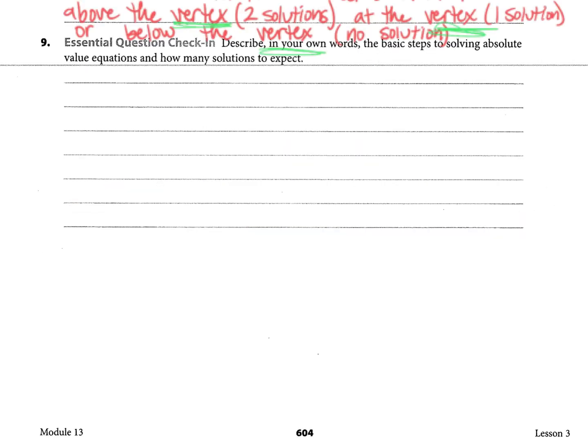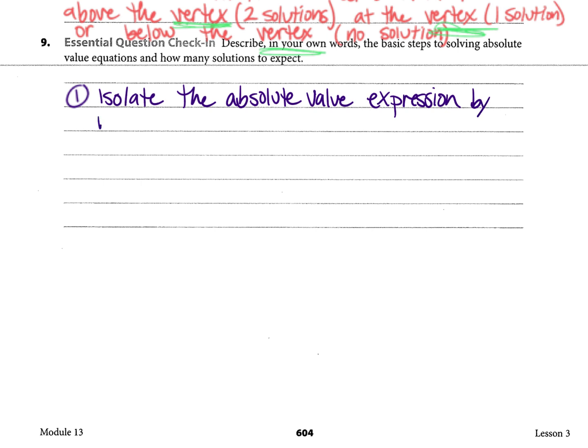Describe in your own words the basic steps to solving absolute value equations and how many solutions to expect. So step 1, isolate the absolute value expression by moving all other terms to the other side.